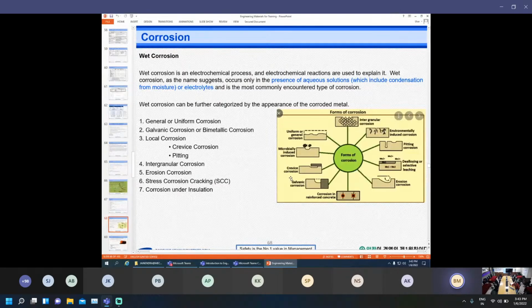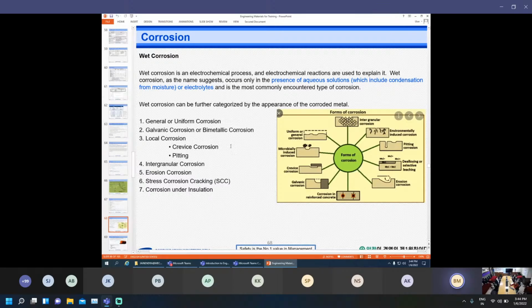Like in the condenser tube in air conditioning, sometimes liquid stops in some of the tubes. That is called crevice corrosion. Galvanic corrosion: because of the potentially different galvanic series, the corrosion happens.